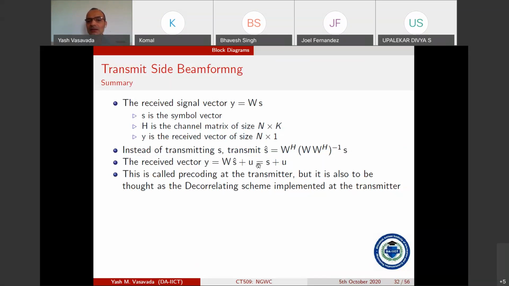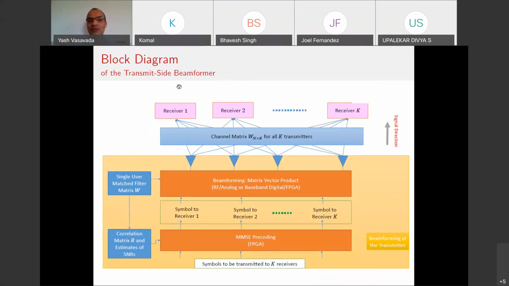I essentially got the same answer that I get from doing the decorrelating detection at the receiver. Except here, these individual receivers don't have to do anything. See, that is the magic. These lines, they are coming over the air to the receivers.